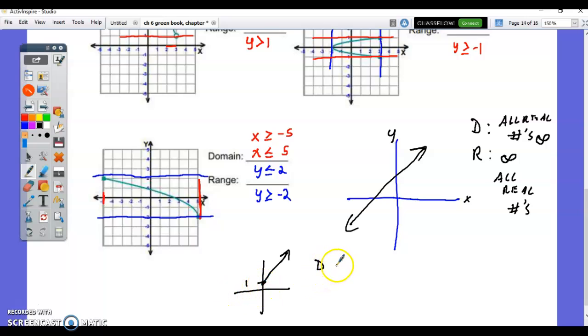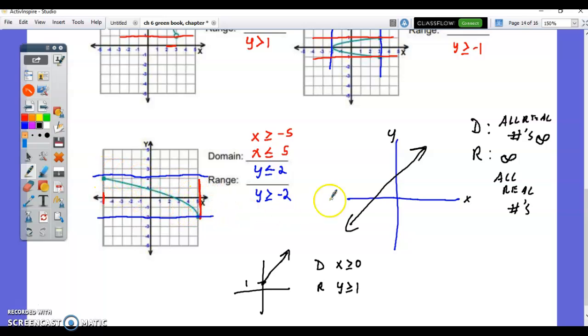So x is greater than or equal to 0, because that would include infinity going this way. And our y value, you can see that it doesn't go below 1. So for our range, it does go on forever this way, so we can say that y is greater than or equal to 1.